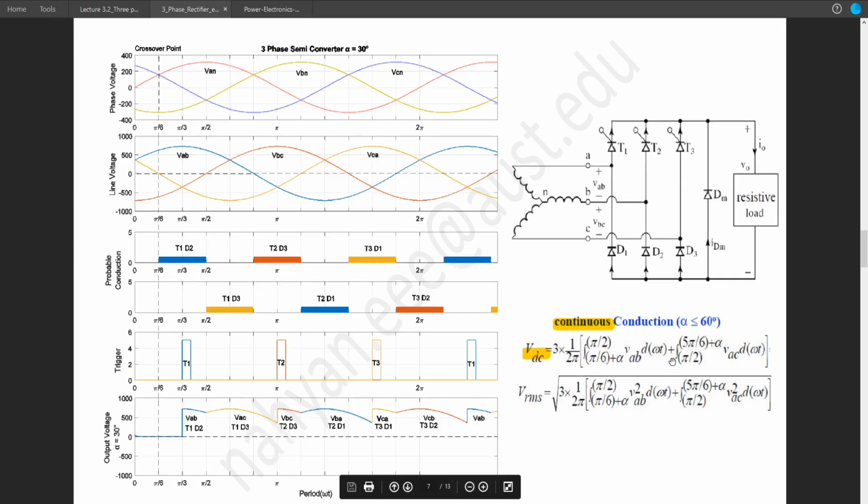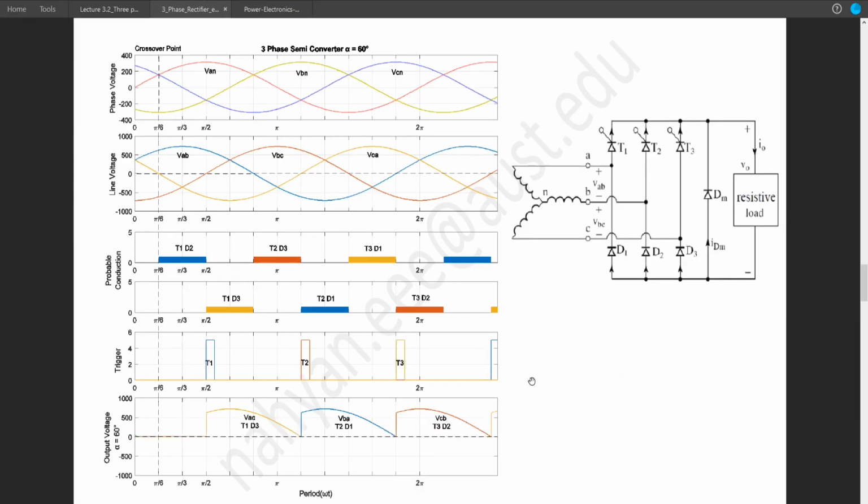So in this example, it has started at 90 degree and it ends at pi by 6 means 150 degree plus 30 degree, in this case as alpha equal 30, so 180 degree. If we put these values in these equations, we will get the area under these curves combined. So we will get VDC, and same thing is applicable for VRMS.